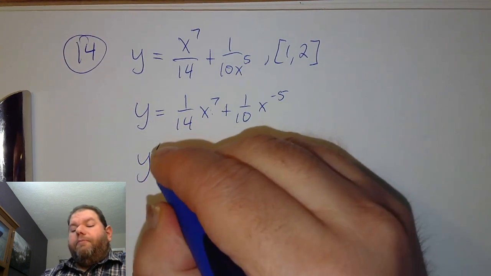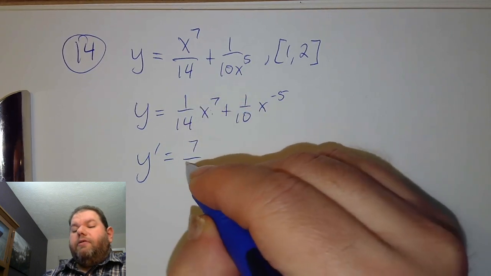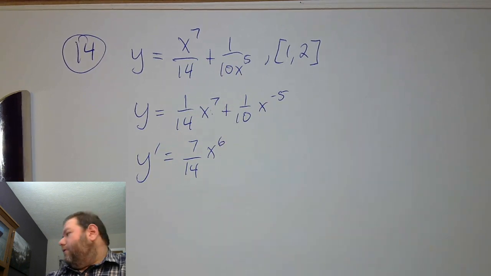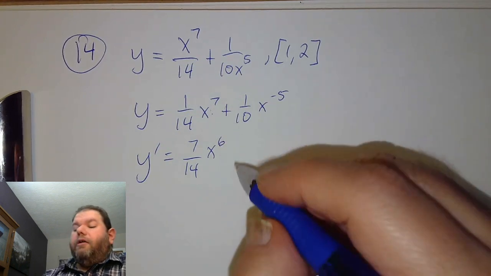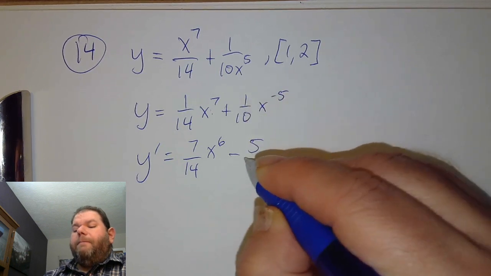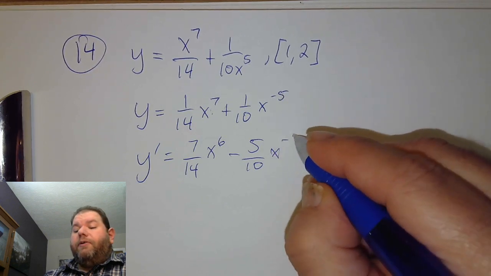So y prime, we know we're going to multiply by 7 and then decrease the exponent by 1. Here, we're going to multiply by -5 and then decrease the exponent by 1.